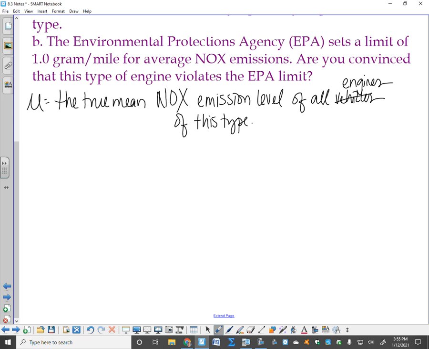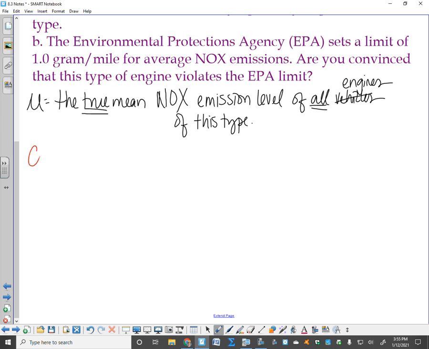Yeah. Because we're just measuring off of engines. We don't know if these engines are actually in vehicles or not. This could be before they ever go into the frame of a car. Okay, so mu is the true mean NOx emission level of all engines of this type. And here are the two important words. True and all. That's what helps it imply mothership. Population.